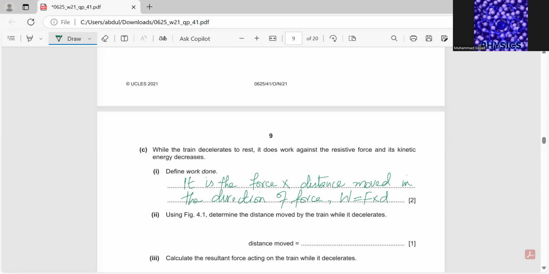Work done is force times the distance moved in the direction of force, and we can write W is equal to force times this. Use Figure 4.1.